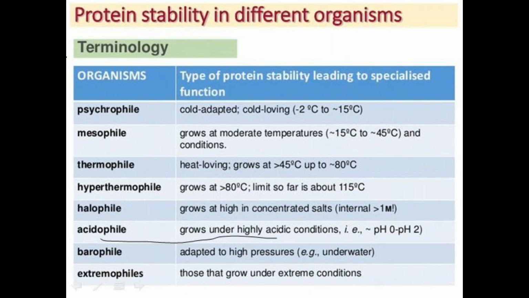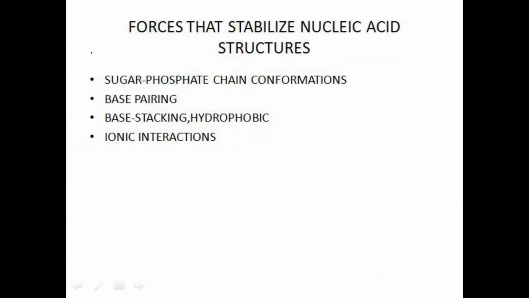Next, coming to the stability of nucleic acids. In this, first we have to understand the structure of nucleic acid. It mainly consists of a sugar phosphate backbone, and in the sugar phosphate backbone different conformations are present.